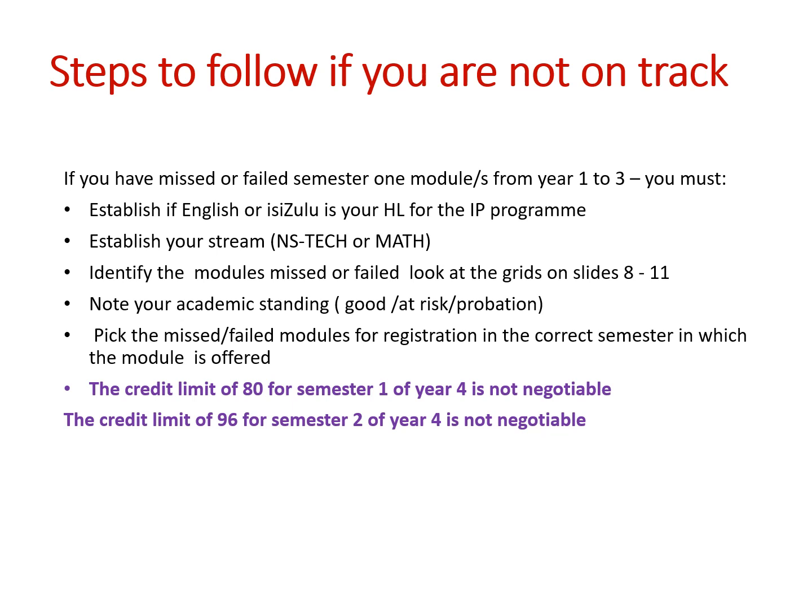From slides 8 to 11, each slide depicts the credit load per semester. If you exceed the credit load, you cannot get a Dean's Com even if you get over 60% in the modules and a weighted average of 75. This is the College of Humanities rule.